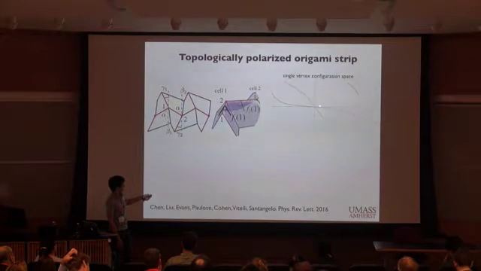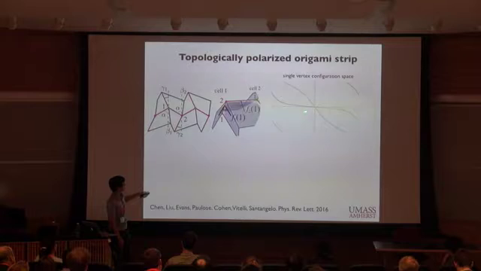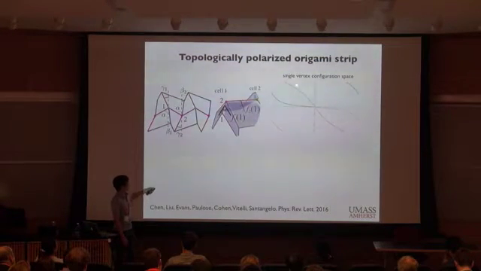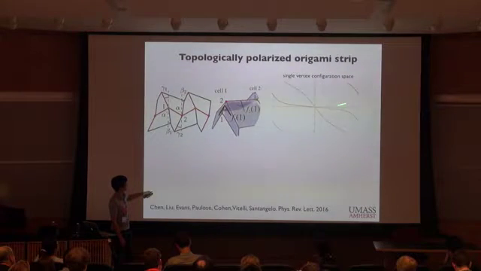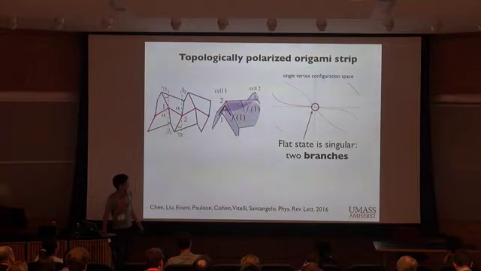This is realized in this picture of a single rigid vertex. So this point here is the flat state, and these curves correspond to all the different possible configurations that don't bend or stretch any pieces of it. You can see that there are 2 branches that pass through the flat state. So this is a signature of this singularity.